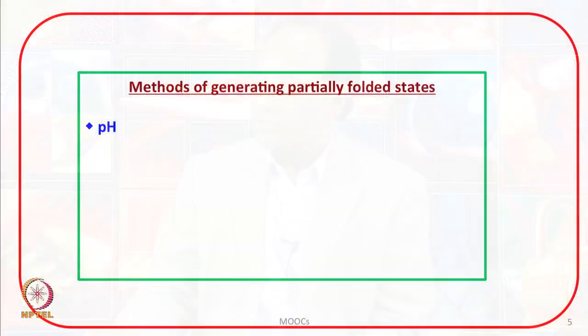Let us take a look at the slide, to see what kind of additives can be used to generate partially folded states. One is pH. We have discussed pH at length, how pH can affect the conformational stability of a protein. If we keep on increasing or decreasing the pH, both extremes can lead to denaturation of a protein.